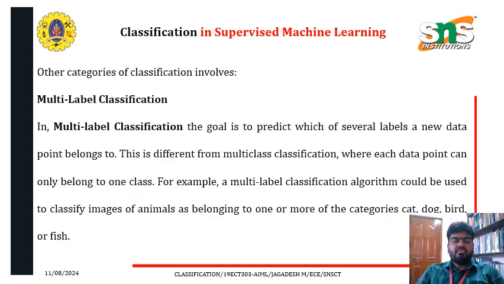Another category of classification is multi-label classification. In multi-label classification, the goal is to predict which of several labels a new data point belongs to. This is different from multi-class classification, where each data point can belong to only one class. For example, a multi-label classification algorithm could be used to classify images of animals as belonging to one or more of the categories like cat, dog, bird, or fish.